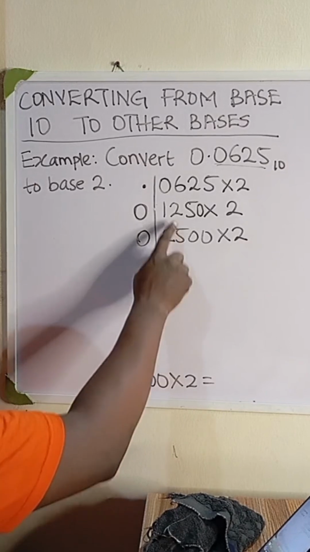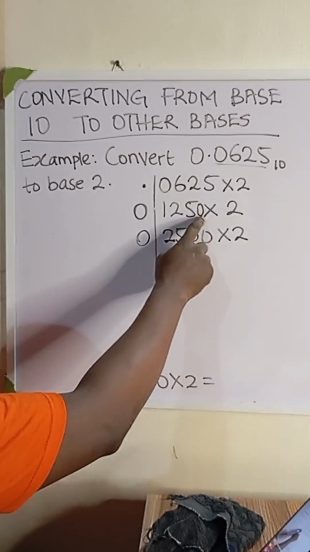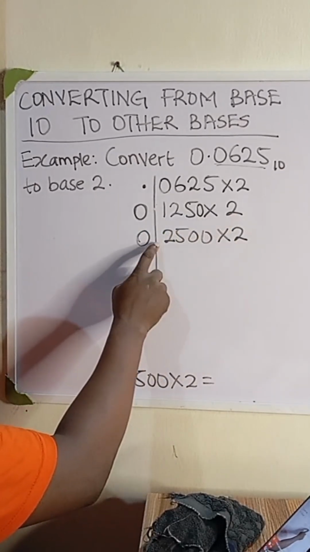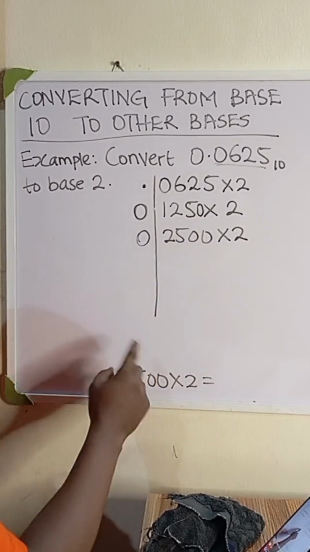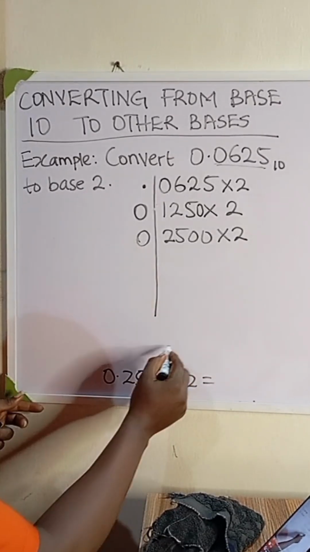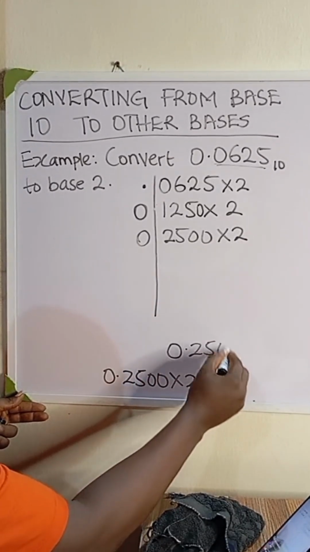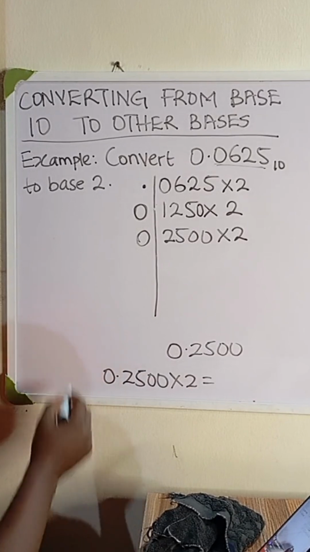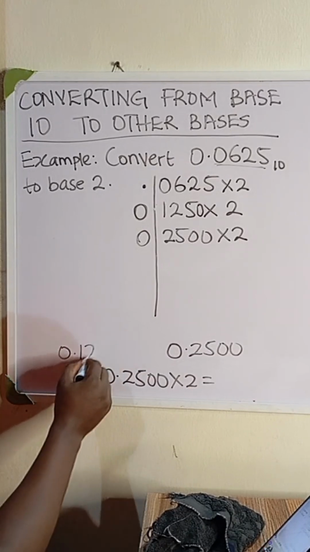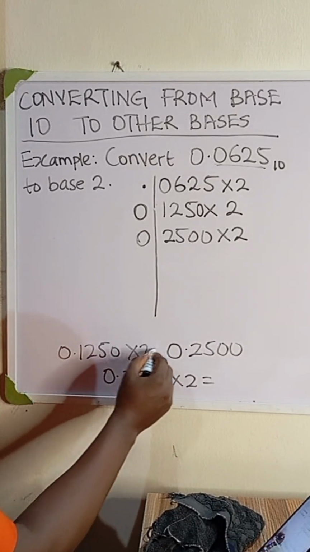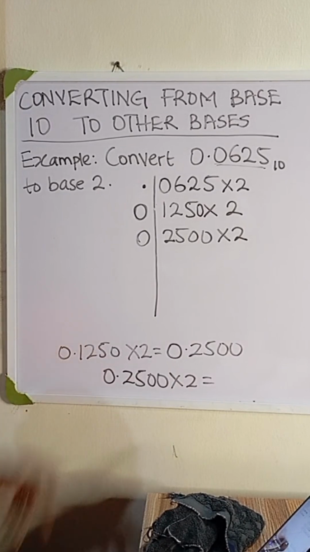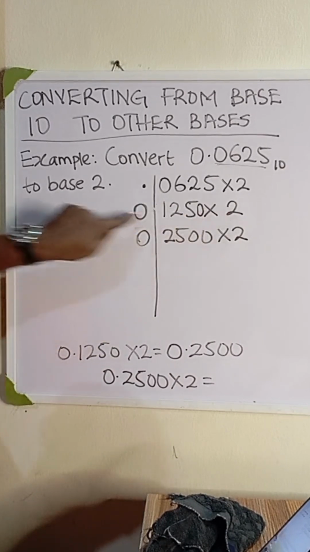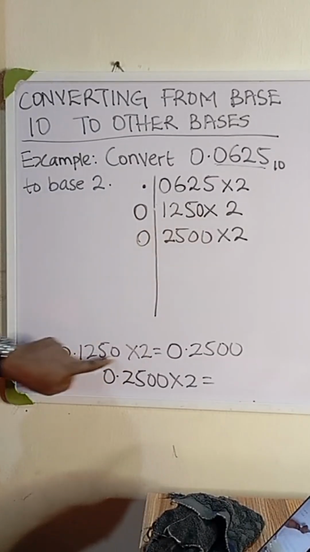This is when you multiply 0.1250 times 2, it gives us 0.2500.